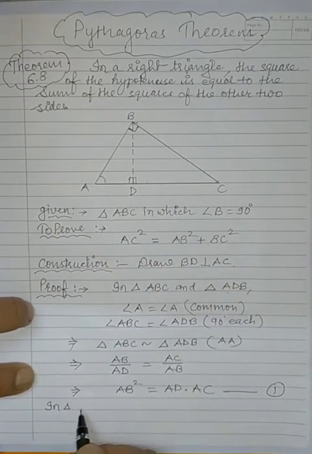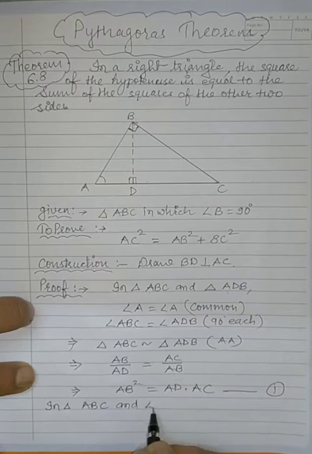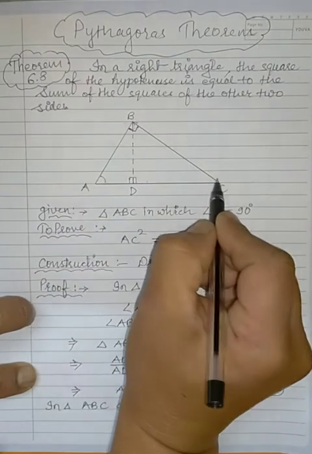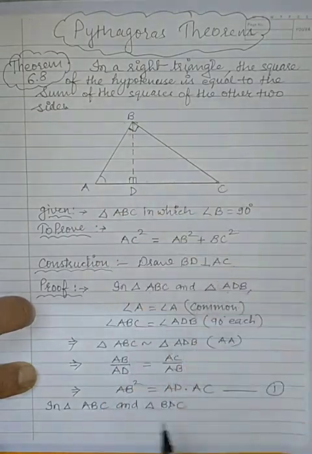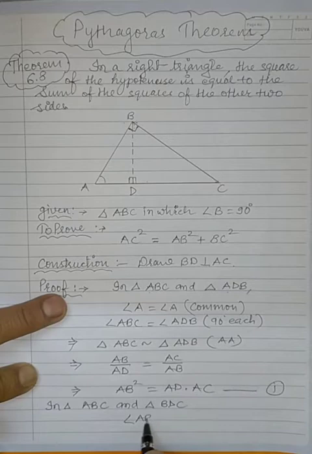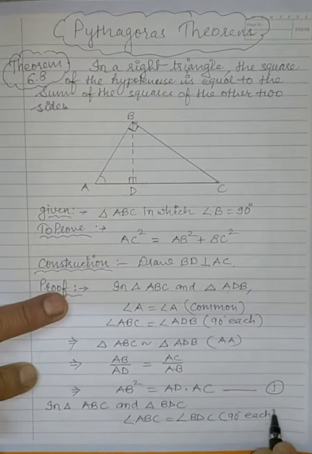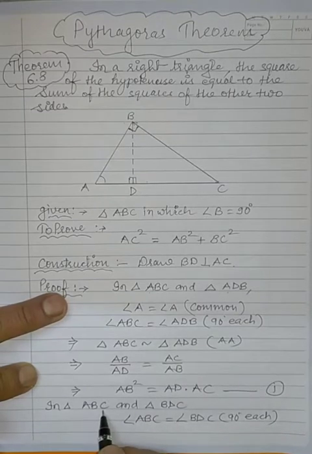In triangle ABC and triangle BDC, once again angle ABC is equal to angle BDC, each 90 degree, and here angle C, which is common, I have taken at the last.